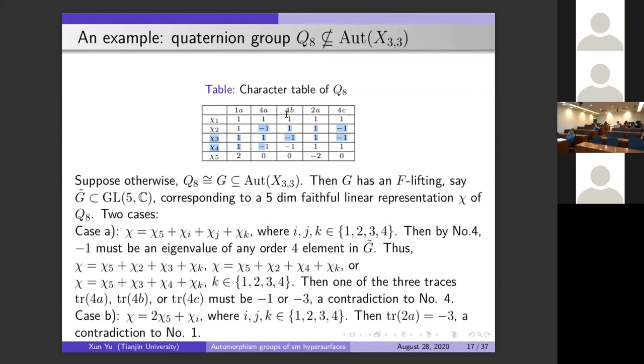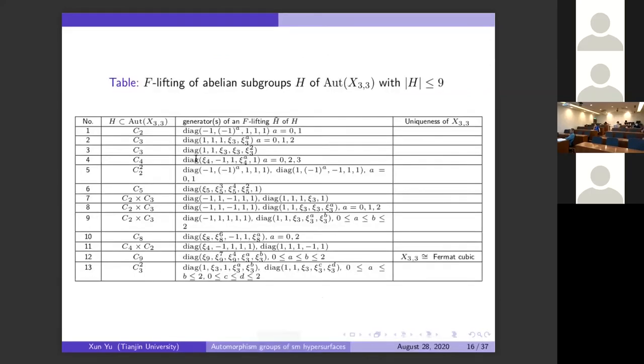And also for 4B, the -1 must appear at least once. Similarly 4C. Then it turns out whatever you choose for i, j, k, the trace of one of 4A, 4B, 4C must be -1 or -3. That's impossible by the classification in the table before, because the trace cannot be -1 or -4.